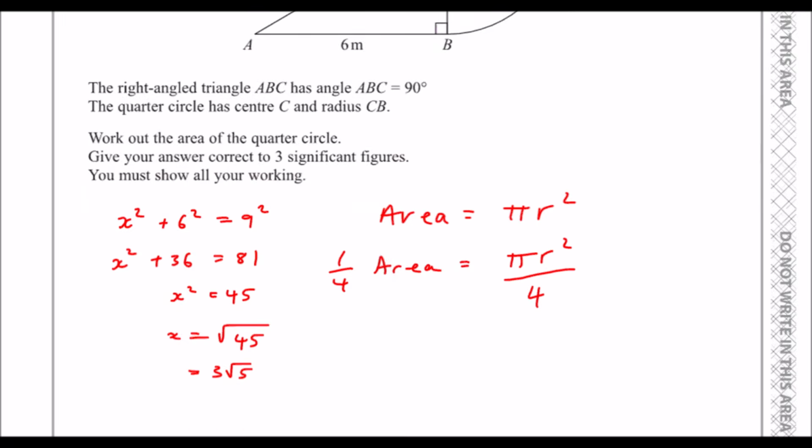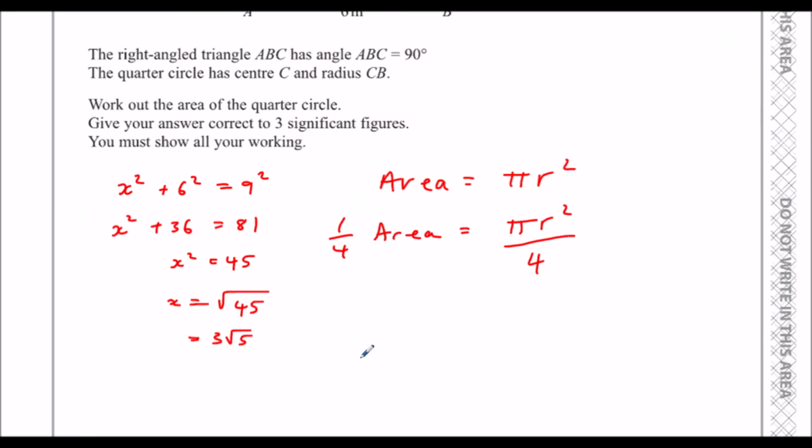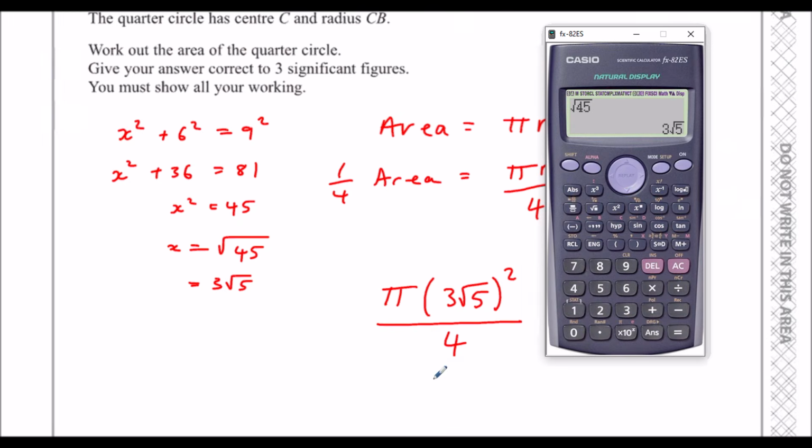And the radius is my last answer. So the area of the quarter circle is pi times my last answer squared divided by 4. And actually the last answer squared was 45 because we square rooted it to get 3 root 5. So it's pi times 45 divided by 4. But I'm going to use the ANS button anyway.